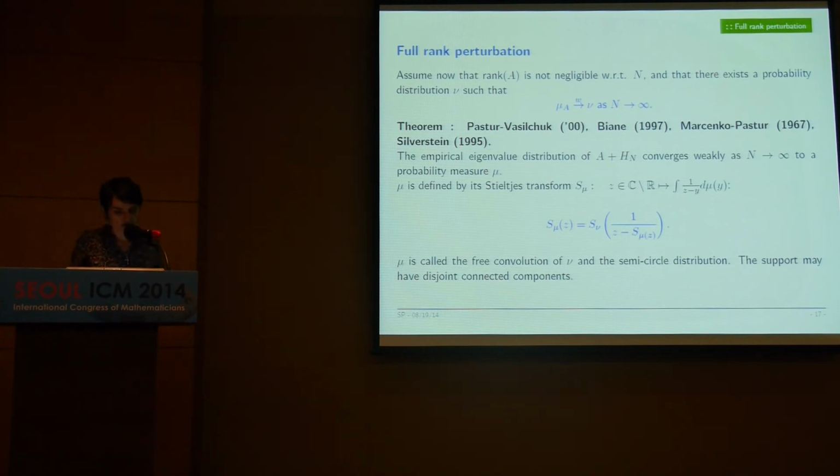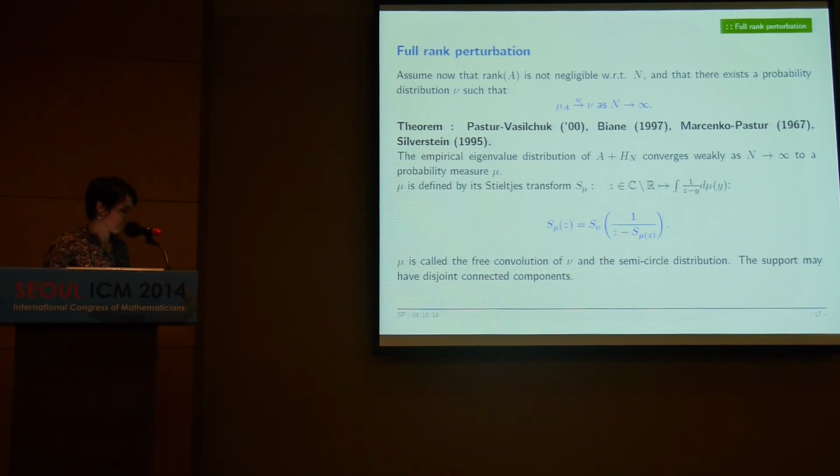So first, the picture is different even from a global point of view. Obviously, the limiting spectral measure of A plus Hn will not be the semicircle distribution. And Pastur and Bazil Shuck have considered this question.